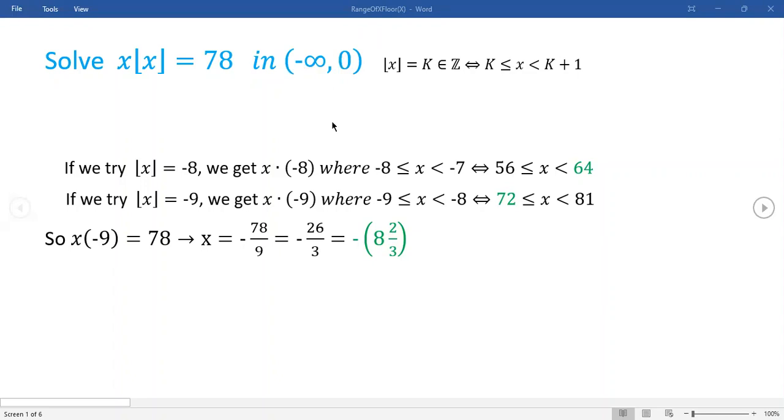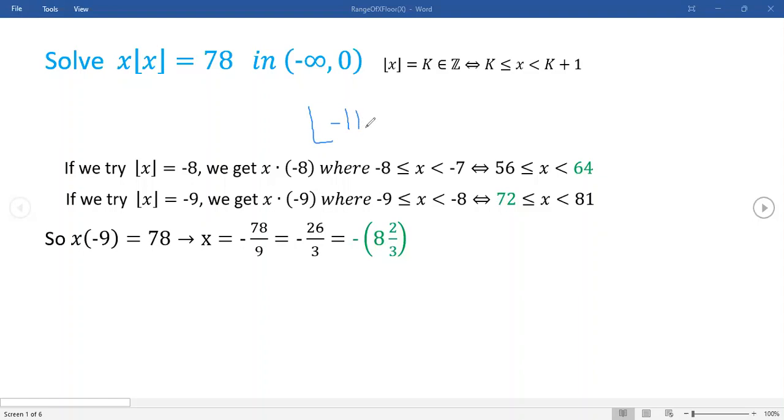Now, just to get your feet wet, in case you're not familiar, this is a little sneaky actually. When you're working with negatives, that's always bothered me a little bit. But let's just do an example right here. Say we're interested in doing the floor of the negative value 11.2.